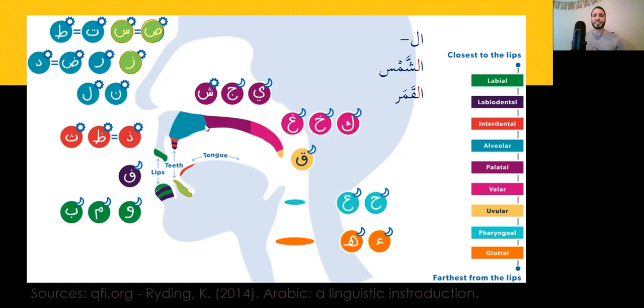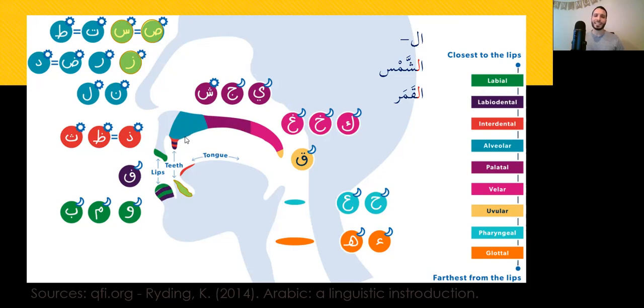Sha is right in the front of all three. Sha. Then we have a bunch that come from the front. So we're gonna say ta. Feel how your tongue is touching not the teeth, right?